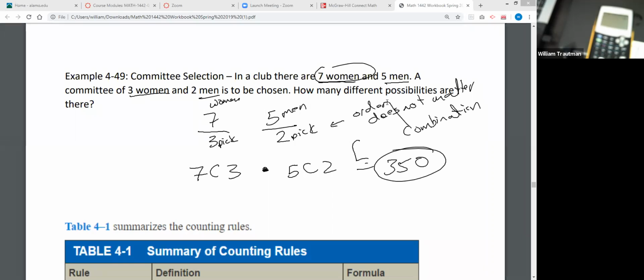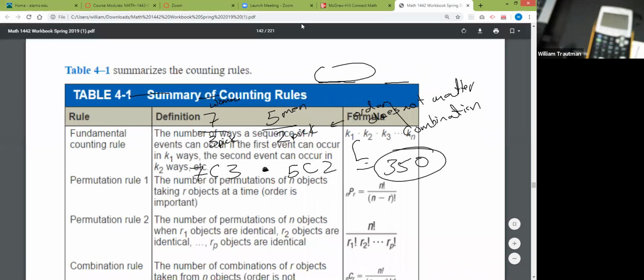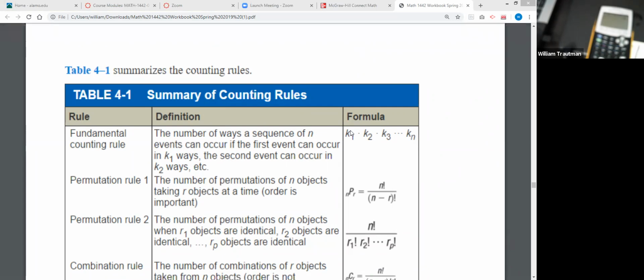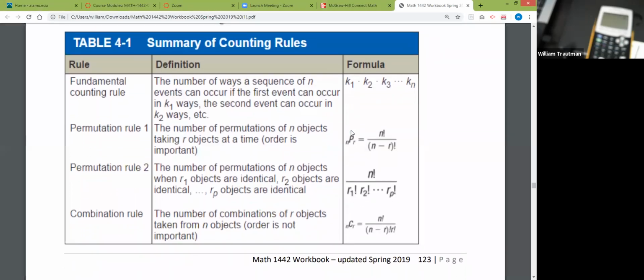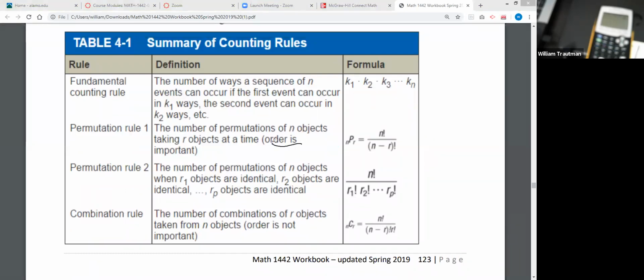All right. Let's see where we're going now. Here are all the rules and formulas that we've had so far. We've had the fundamental counting rule, for example if McDonald's serves 3 burgers, 2 sizes of drink, and 3 sizes of French fries, how many different possibilities can you get? Then we have the permutation rule, nPr, where order matters.